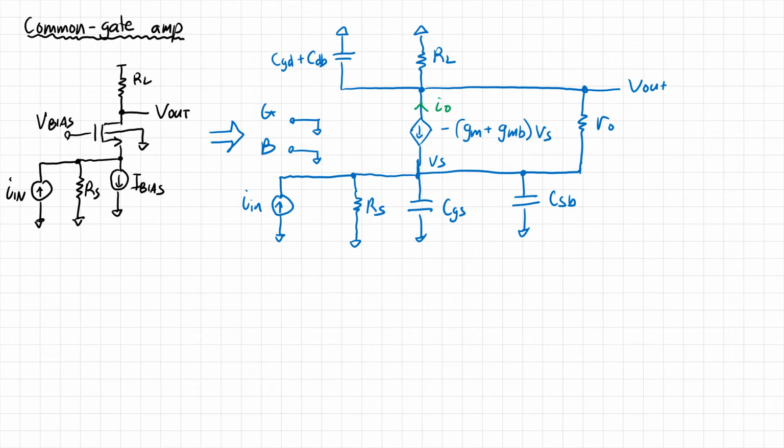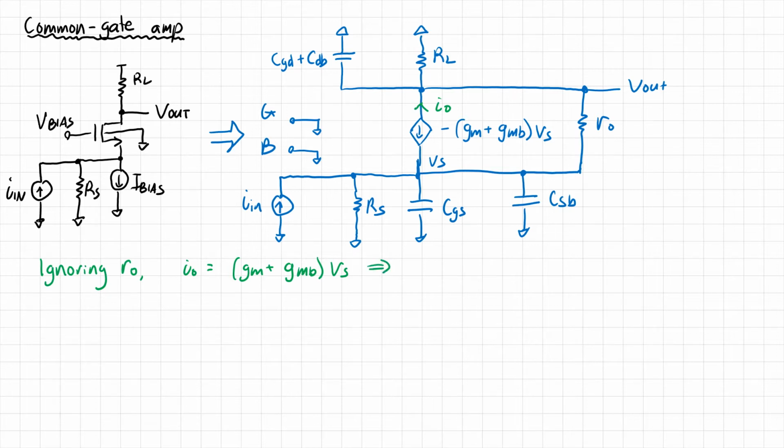IO is going to pass over RL and CGD and CDB, and if we ignore RO, all of it will go across RL and CGD and CDB. So let's do the analysis ignoring RO, which makes our life a lot easier. If we ignore RO, then IO is just equal to gm plus gmb times VS. Simple. All we need to do now is figure out what VS is.